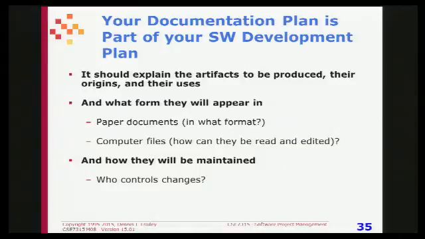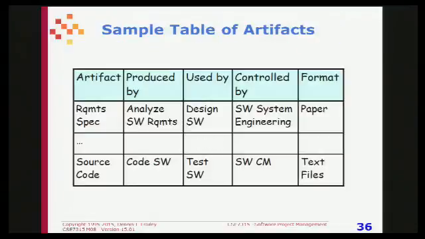But you have to plan your documentation and your artifacts. You have to say, this is what I'm going to produce. This is the format it's going to be in. There's a table in the model plan or in the template to show that. You know, this is the document, this is the format, this is when I produce it, this is what it's needed for, that sort of thing. Here's an example.